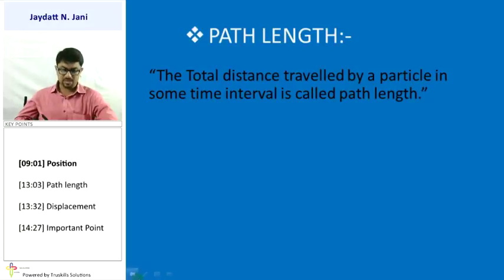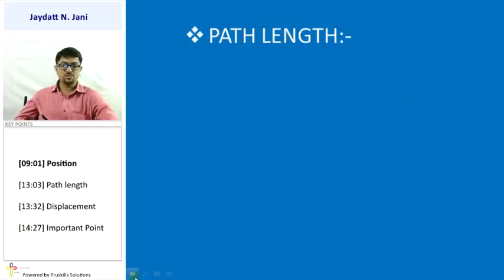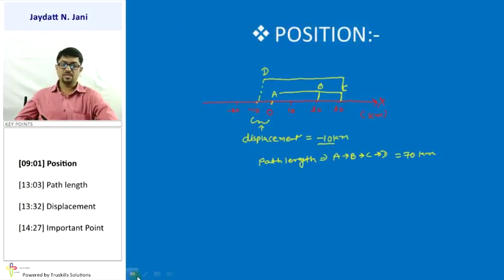As we just observed, path length is total 70 kilometer, total distance covered here. So total distance from A to B to C and then come back to D. So total distance, that's the 70 kilometers.